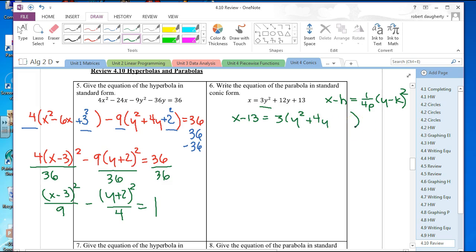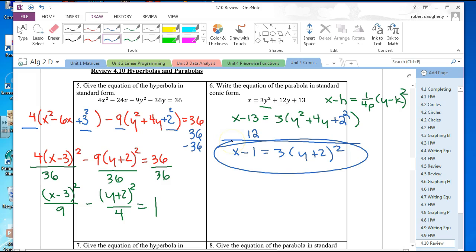And now I need to complete the square in y. So I need to add 2 squared, that's 4. So I'm adding 3 times 4, I'm adding 12 to the right side, which means I must add 12 to the left side. So this is x minus 1 equal 3, y plus 2 squared. And that's it. This is now in standard conic form for a parabola: x minus 1 equal 3, y plus 2 squared.